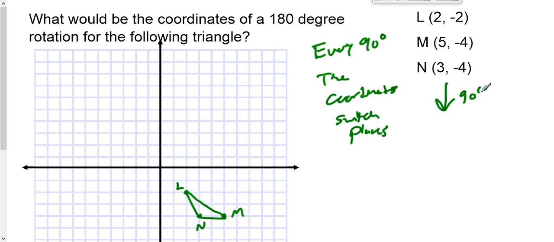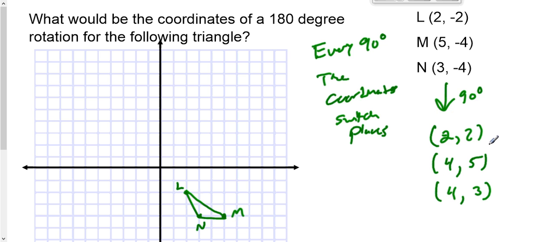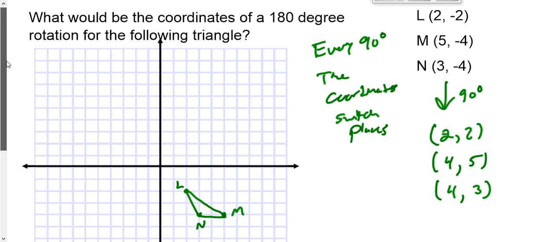So if we go 90 degrees, we now have the top one still 2, 2, 4, 5, 4, 3. Now we have to be careful in what quadrant they're all in. So we don't necessarily know. Right now we're just worrying about them switching.